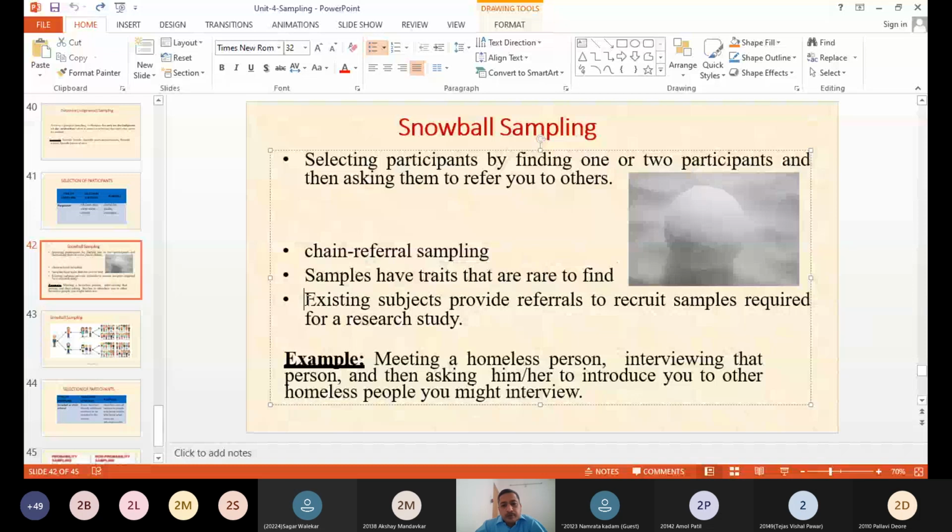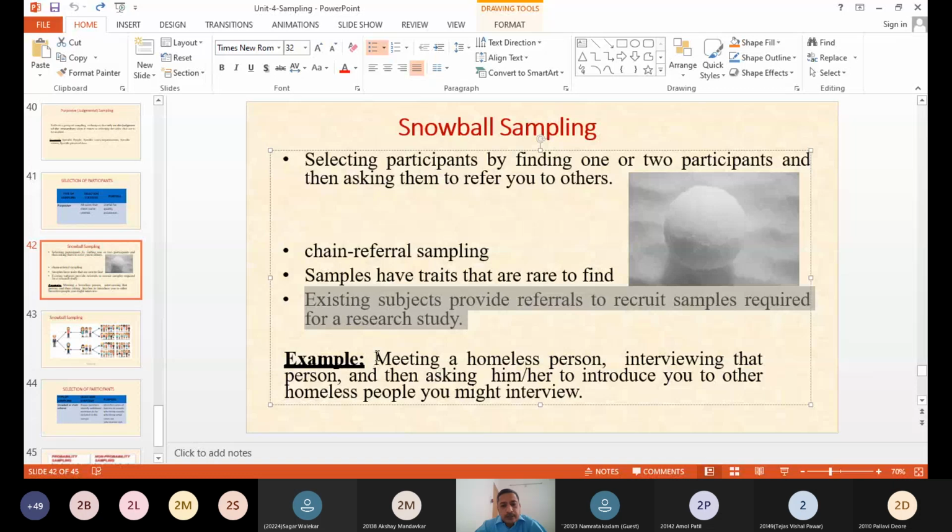Existing subjects provide referrals to recruit the people or samples required for the research study. The researcher will contact a few initial subjects, and those people will give references, and those other people can also be included as research subjects in that study.